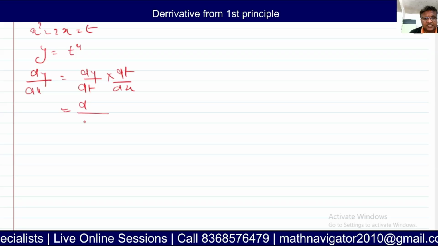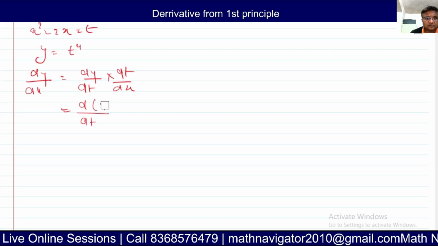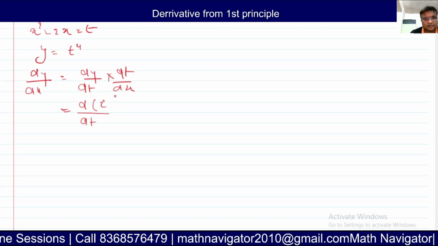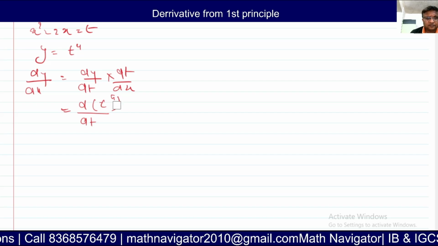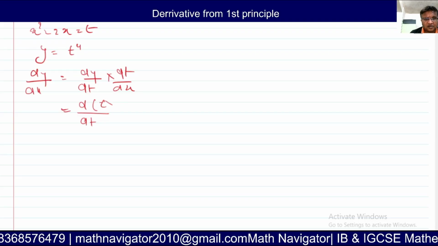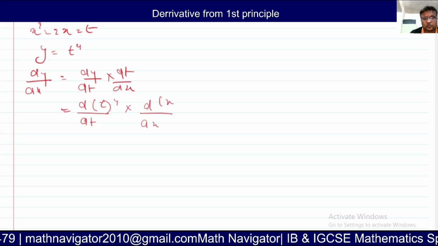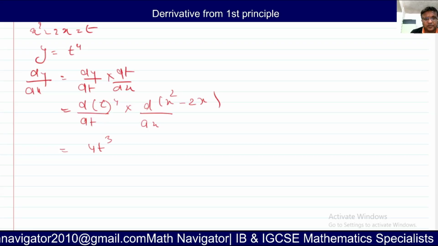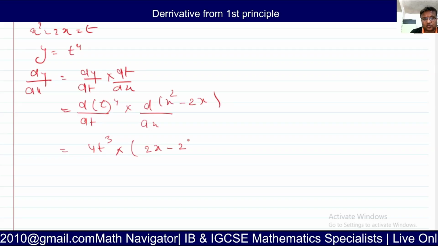d by dt of t to the 4, times d by dx of x squared minus 2x. So this will give me 4t cubed times 2x minus 2.